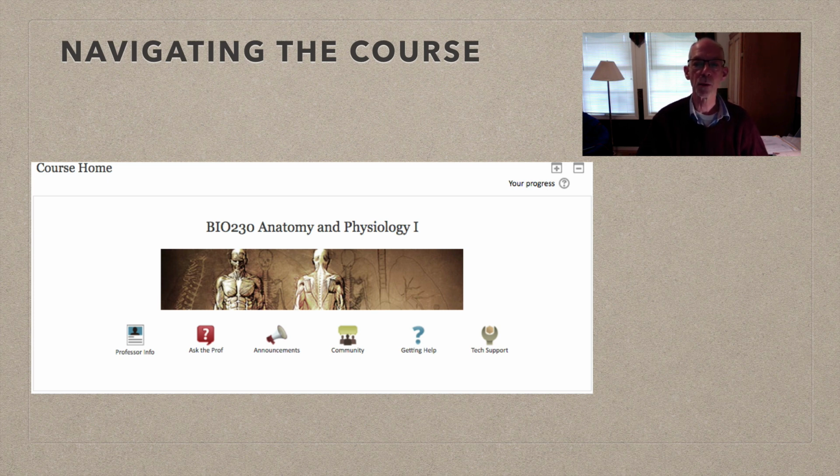Community is a place where I'd like you to go in and just tell the class a little bit about yourself. You'll see some instructions there. Getting help probably won't be necessary, but you can look at that if you want. And tech support, my guess is that you won't need that either, but again, you can look at that if you want.